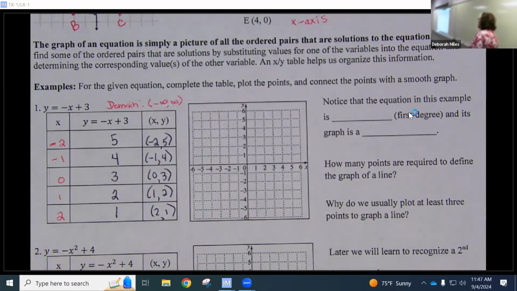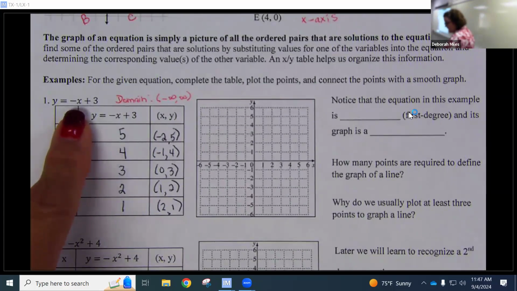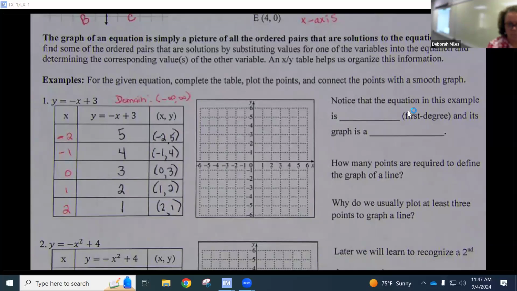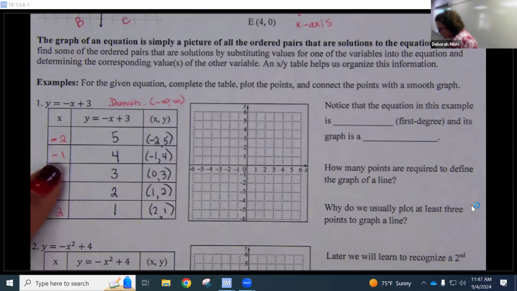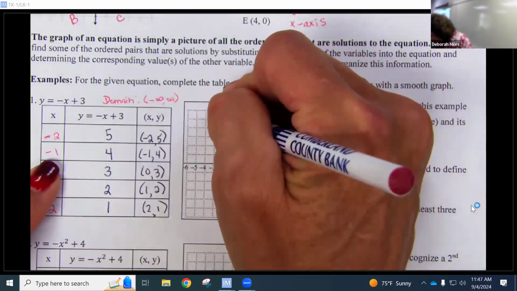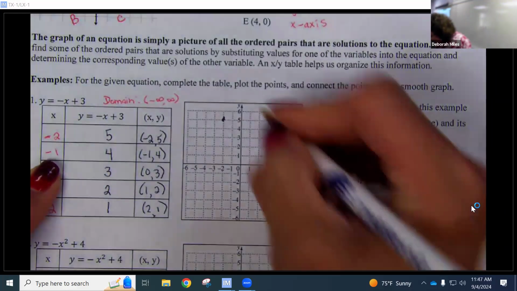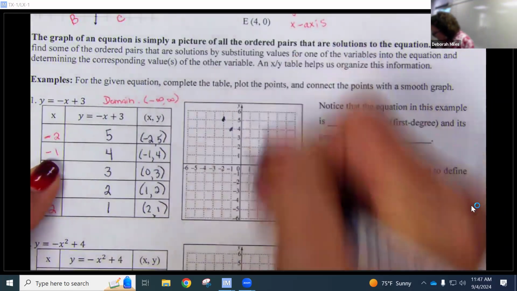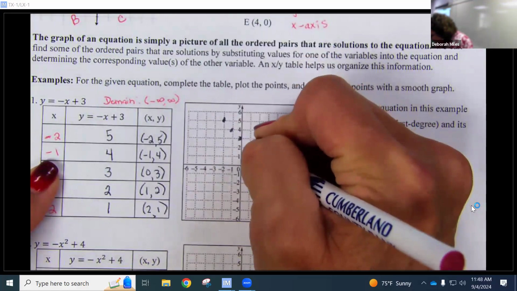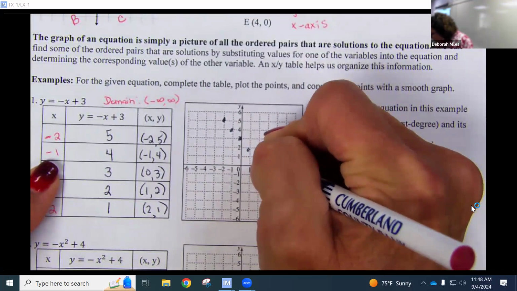The reason that I came up with so many ordered pairs, again, I'm pretending to have forgotten that that was going to be a straight line, and I needed to graph several points to confirm it. Let's plot these points. -2, 5 is up here. -1, 4 is right there. 0, 3. 2, 1.